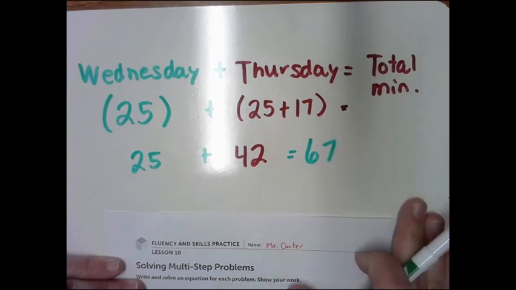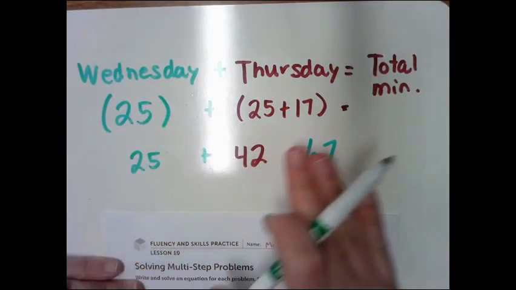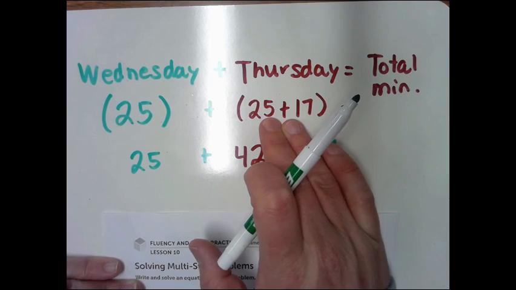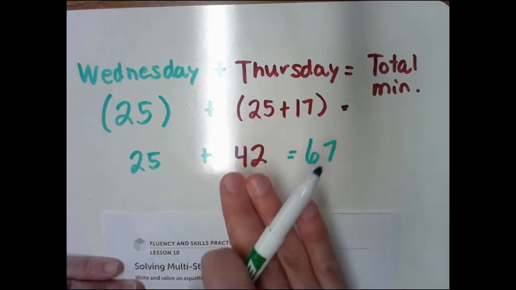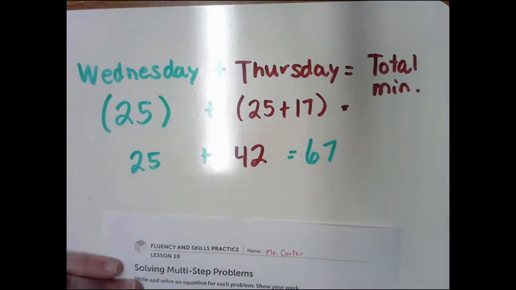So again, we're breaking this apart into two separate steps. One, Wednesday was already given to us, but we had to first figure out Thursday, and then that was step one. And then we had to figure out the Wednesday plus the Thursday together to get 67 minutes.